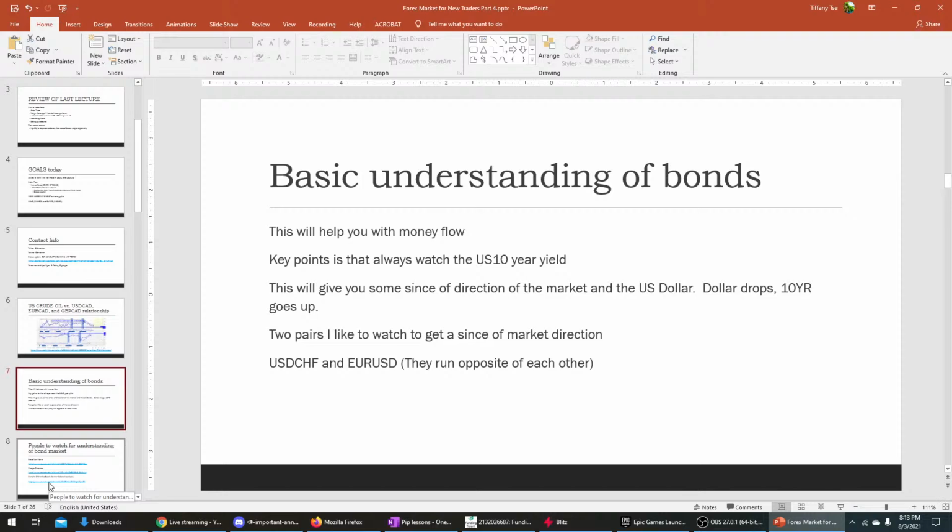The USD Swiss, because the Swiss franc is basically a safe haven. It used to be, but Swiss banks don't give you interest anymore. And the eurodollar. The eurodollar is a really important dollar because it is the shadow part of the shadow banking system, and I talk about this in our lecture.